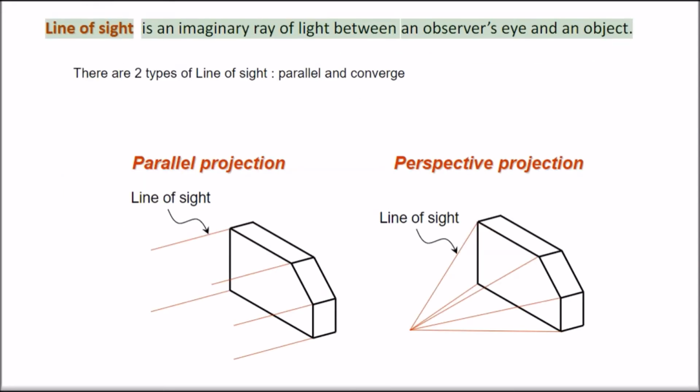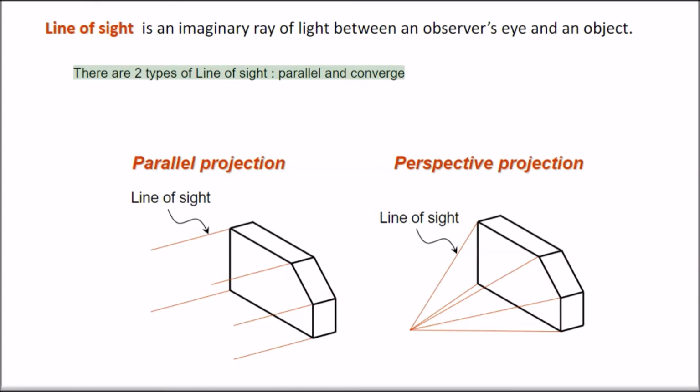Line of sight is an imaginary ray of light between an observer's eye and an object. Line of sight. Parallel projection. Line of sight. Perspective projection.